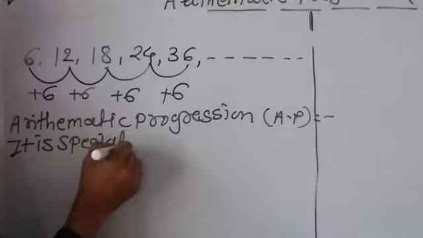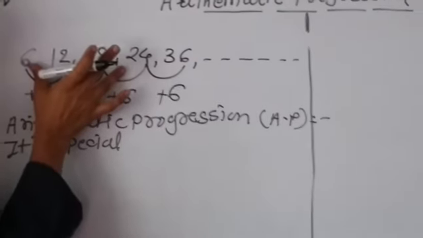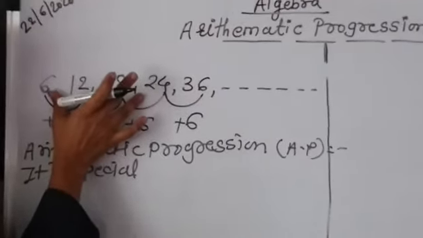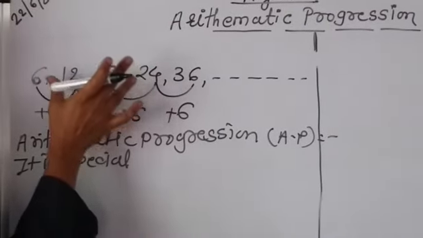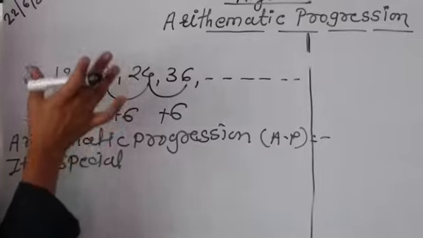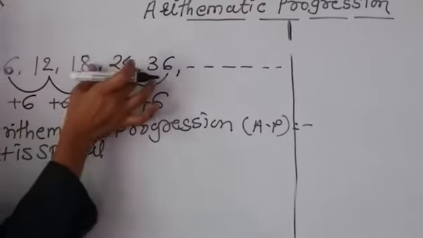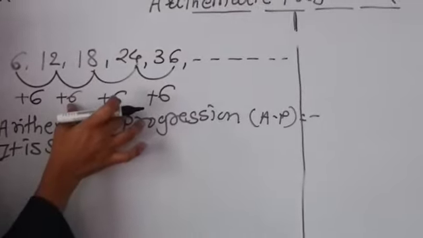It is a special kind of sequence. Students, this is also a sequence. Here numbers are arranged in a definite order with a definite rule. This is also a sequence, but the relation between two numbers is always constant.